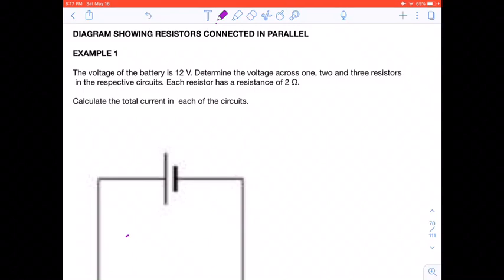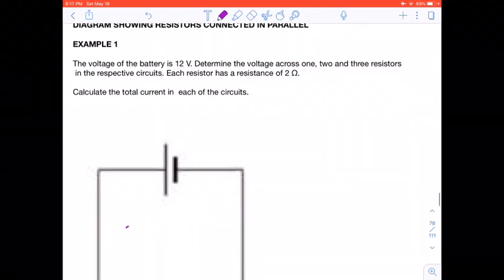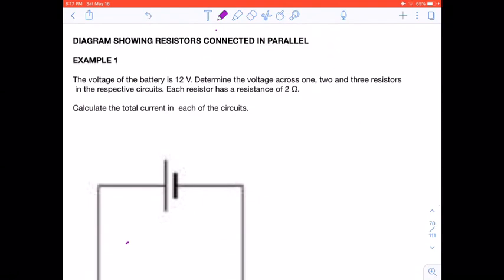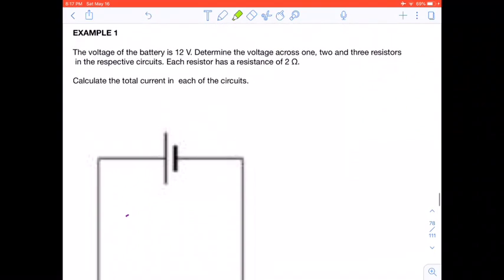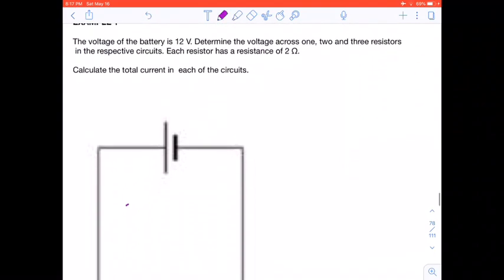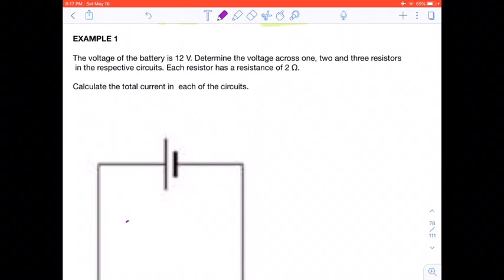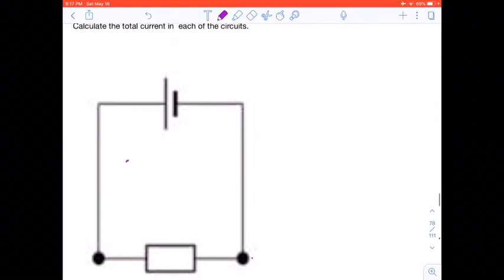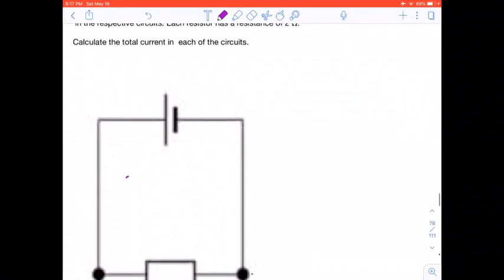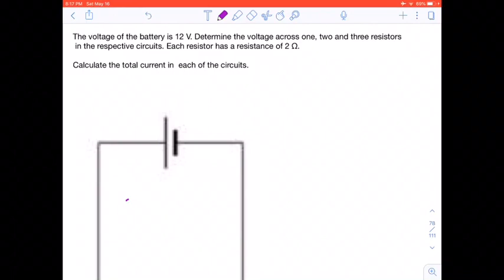Right, now let's look at this one here. Diagram showing resistors connected in parallel. Essentially resistors in parallel. The first one is not in parallel, it's just one resistor, but I want to give you an indication of what the voltage is across that particular resistor. Here we have a voltage of the battery which is 12 volts.